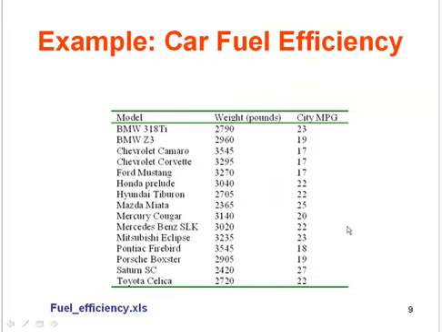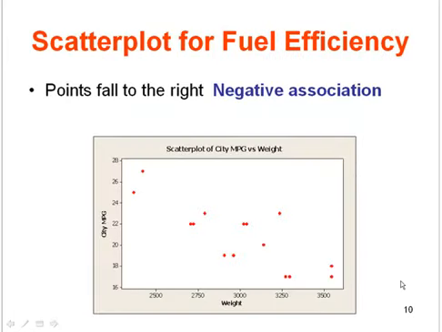Here is the data for a number of automobiles. We've recorded the weight of the automobiles and the city miles per gallon of the automobiles. And here is the resulting scatter plot. You'll notice in this case we have the opposite kind of association.